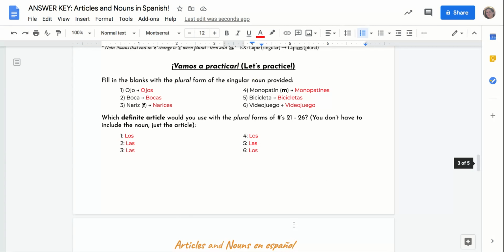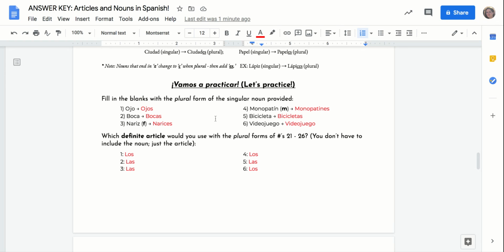Moving down, here we have some practice with plural. Make sure you got all these correct. All of these were easy, where mostly you just add the letter S to these, especially the ones that end with vowels. But notice that the ones that do not end with a vowel, such as nariz and monopatín, you add ES to those because they end with consonants.